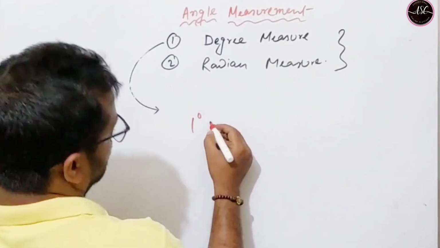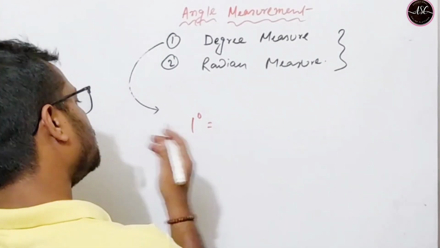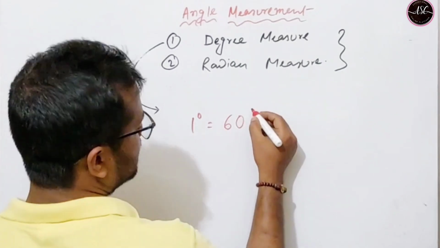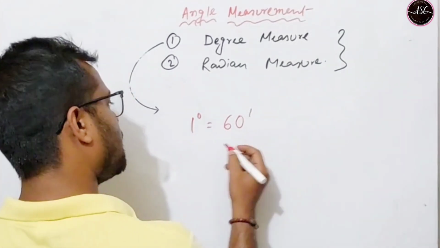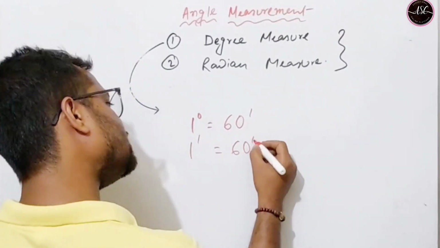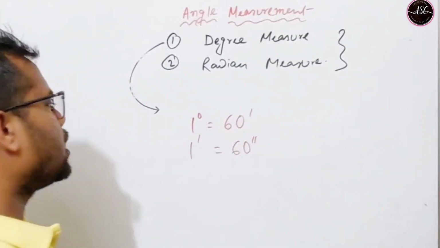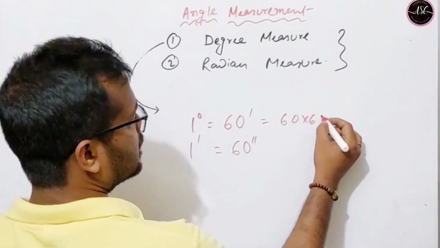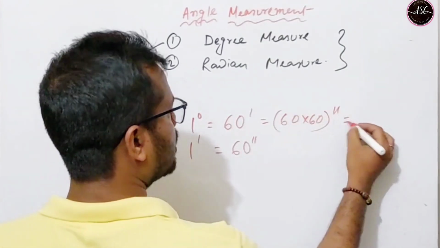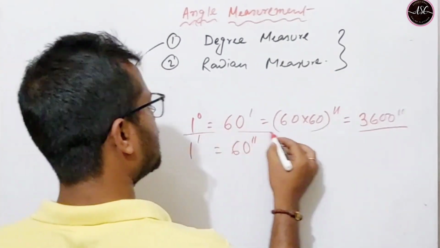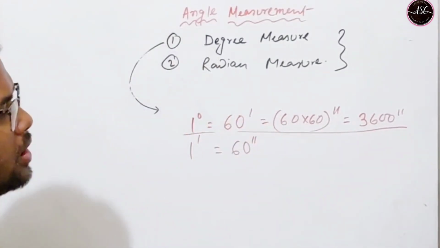So 1 degree equals 60 minutes. 1 minute equals 60 seconds. Therefore 60 minutes will be 60 into 60 seconds, that means 3600 seconds. This is the relation between degree, minute and second.